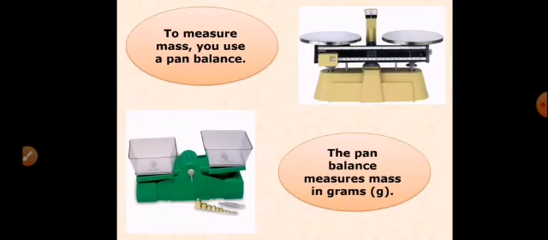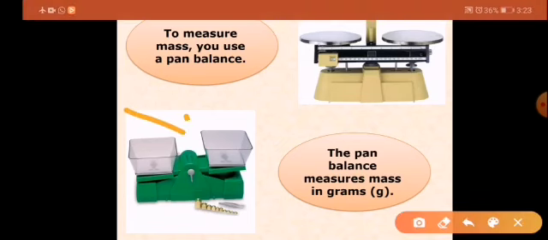And to measure the mass of any object, you must use a balance. This is the balance. And the balance measures the mass in grams. What does this mean? If you put your pencil here and put the equal thing here to measure the mass of your pencil, and you find it's 10.